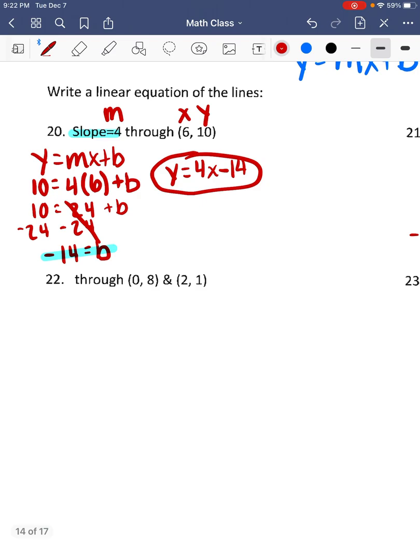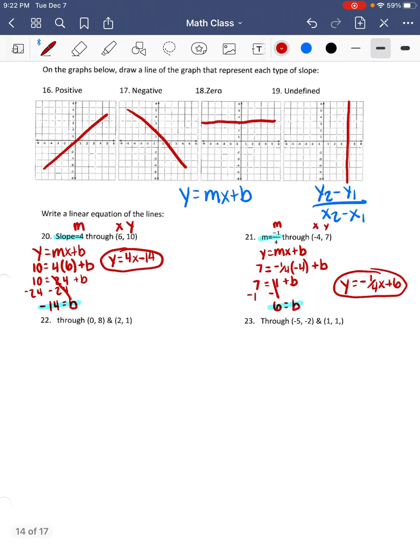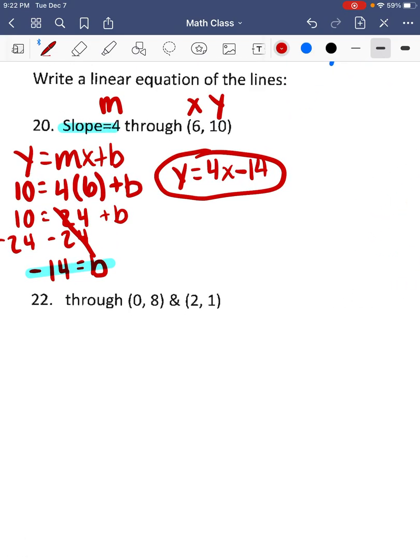So for the last two problems, let me zoom out again. You need to do the y2 minus y1 over x2 minus x1, which is the slope formula, to figure out your m, and then you basically start at the beginning of a problem like 20 and 21 to figure out your b. So this is your x1 and your y1. This is your x2 and your y2.